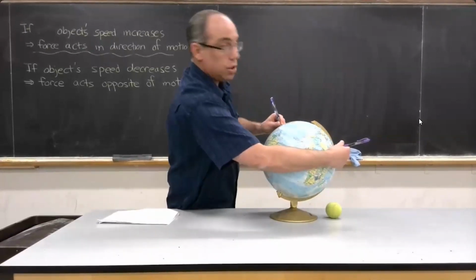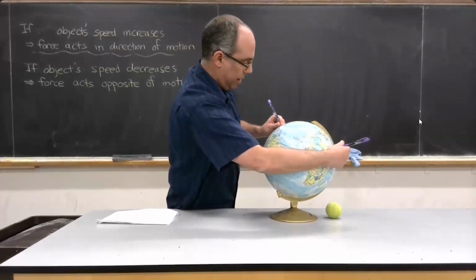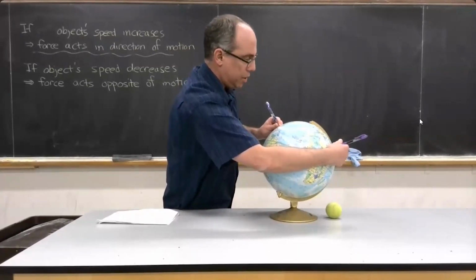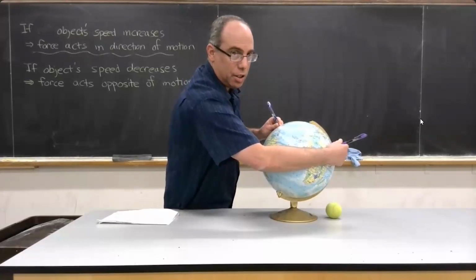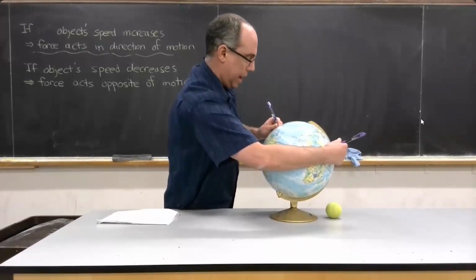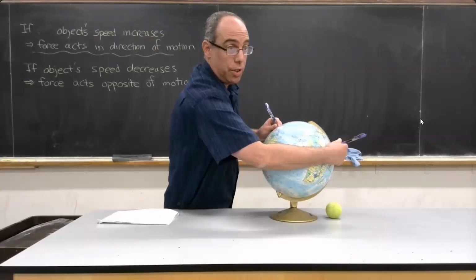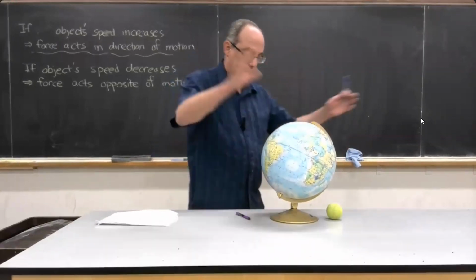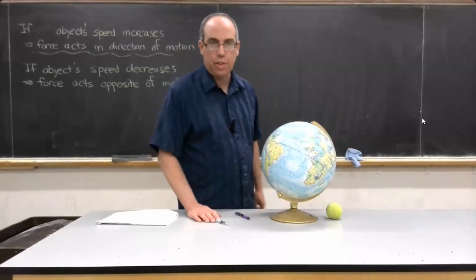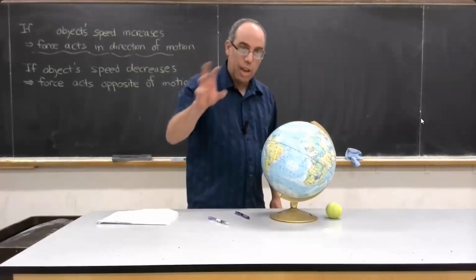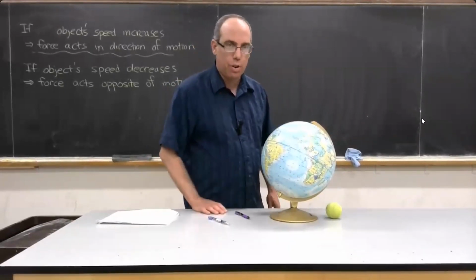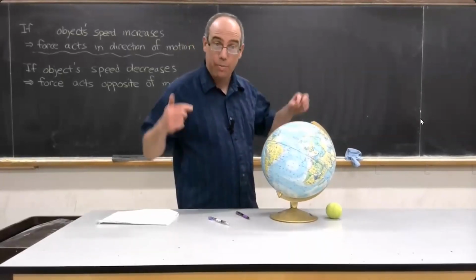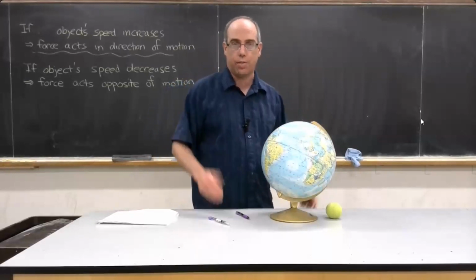So I'm just going to do this using Los Angeles and Tehran. And you notice that for any of these experiments, you always get that there is a force acting on the object directed towards the center of the Earth. So you can take any object anywhere in the vicinity of the surface of the Earth, do the same experiment I just demonstrated for you with the tennis ball, and you will find that that object is experiencing a force directed towards the center of the Earth.